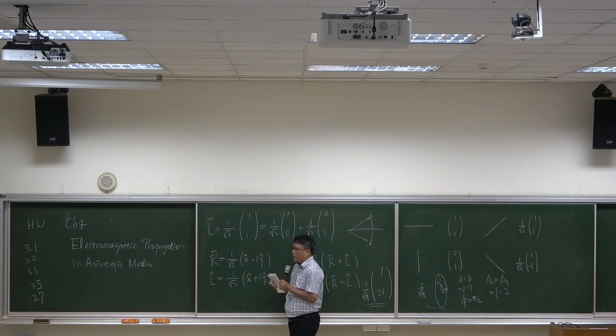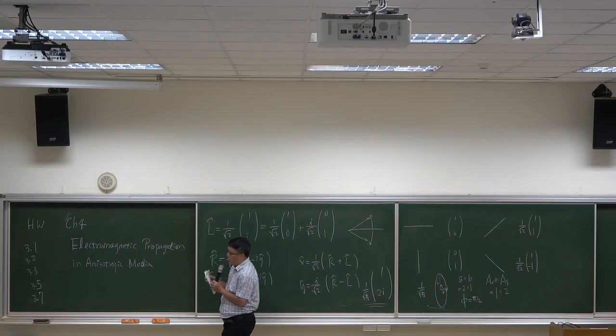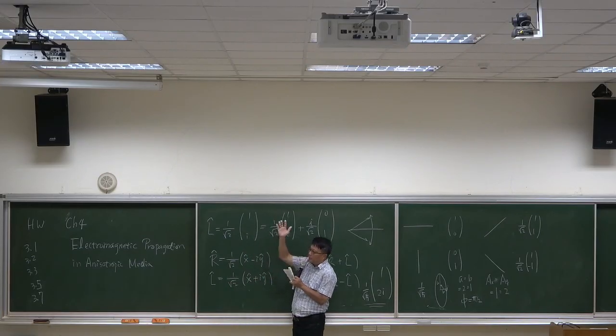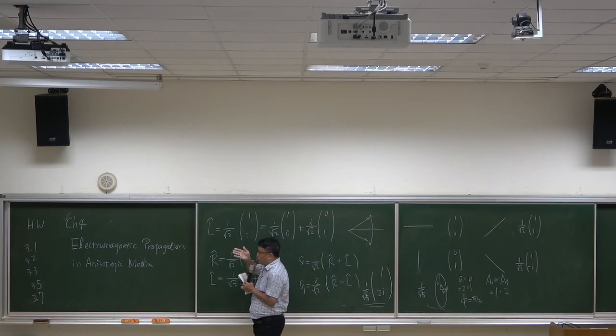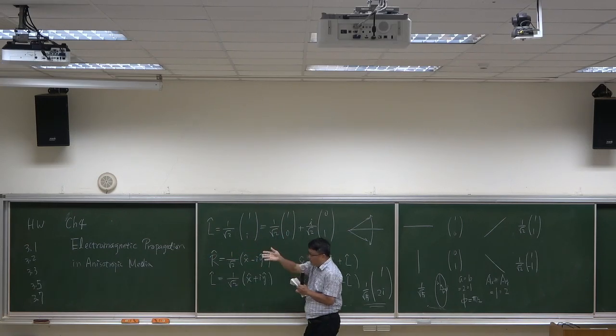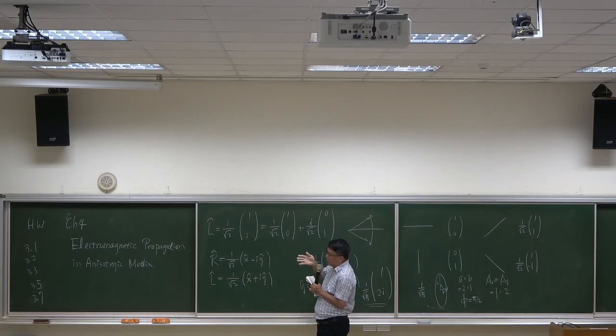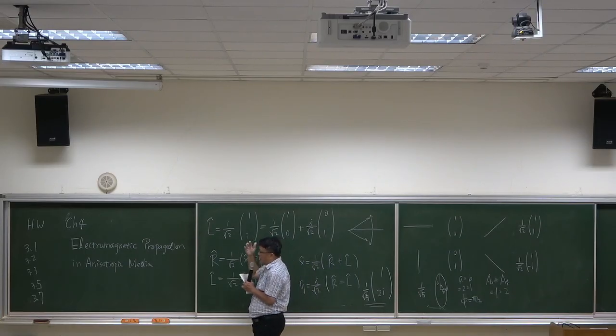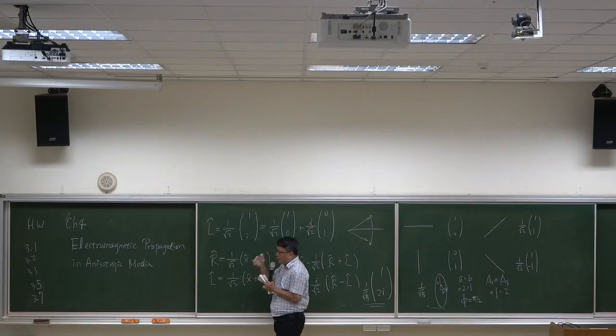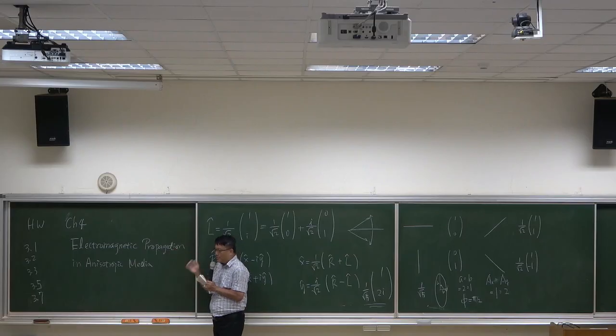So up to now, we talked only about isotropic medium. Isotropic means there is no difference in different directions. Okay, so if you apply electric field to the medium along, say, x direction, you polarize this medium, and if you now apply electric field along the y direction, you can polarize this medium as easy as you polarize the medium along the x direction.